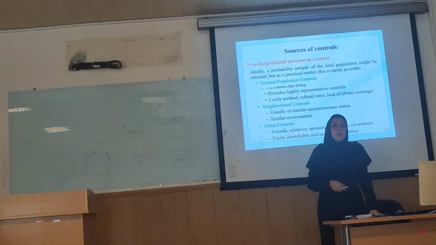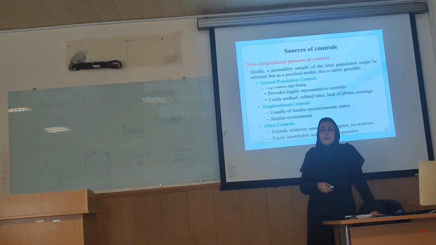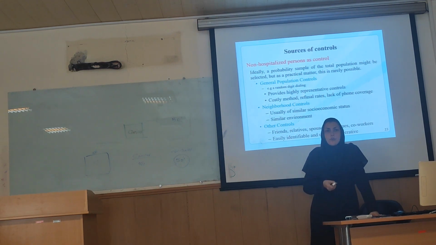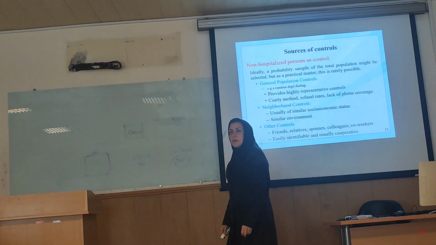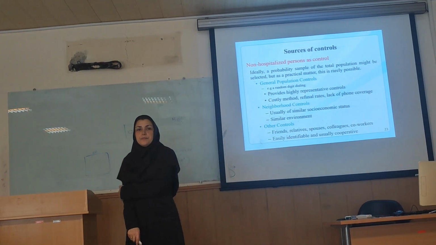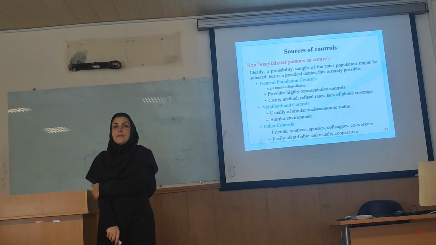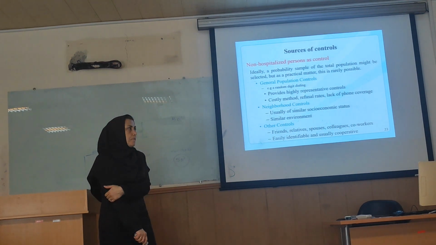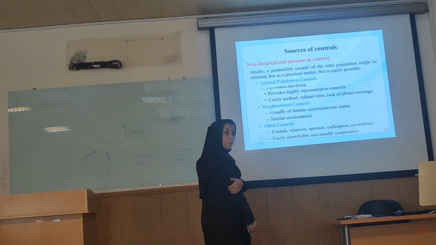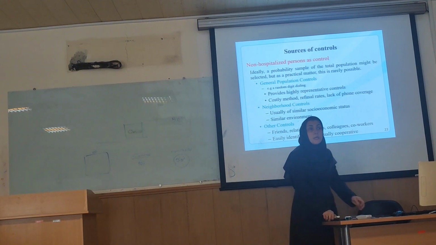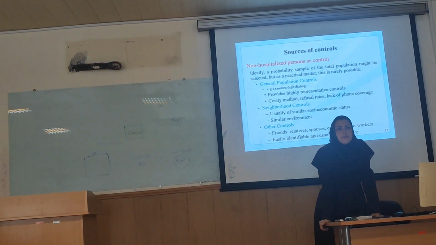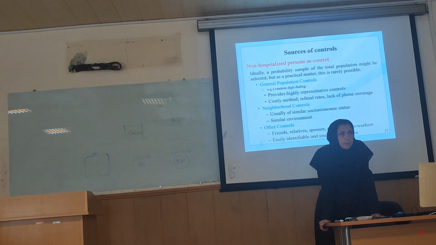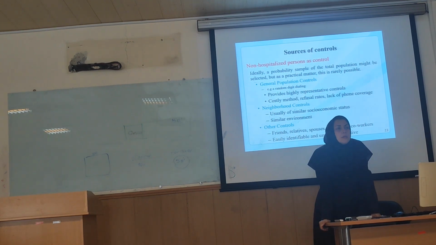How can I select our control from the general population? What do I mean? From the community, go to a neighborhood and ask. For example, I want to find the association between coffee consumption and CBD.